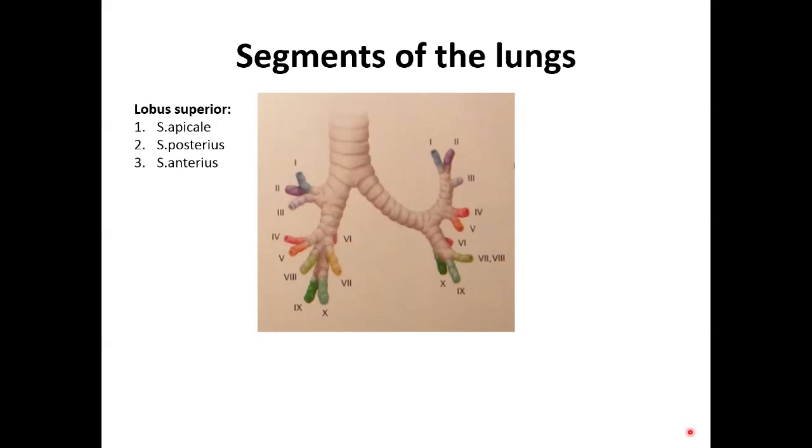Then lobus medius in the right lung. It will surround these bronchi. So inside of lobus medius we can find two segments.